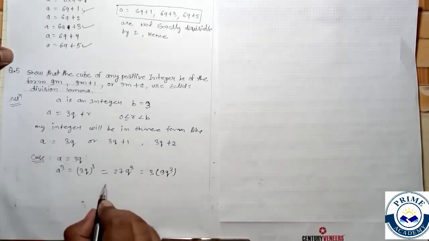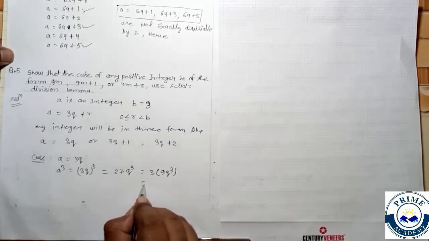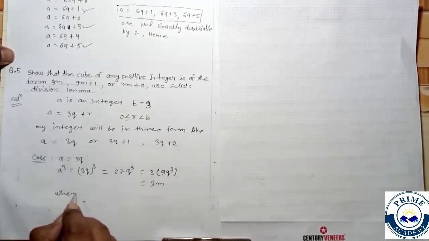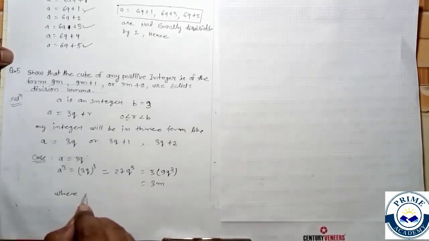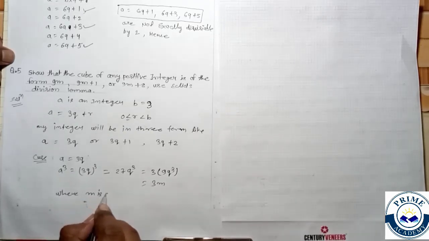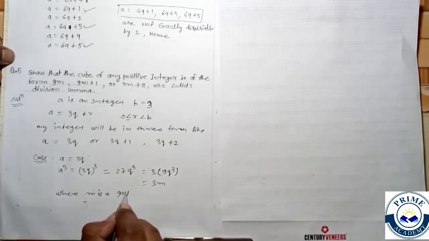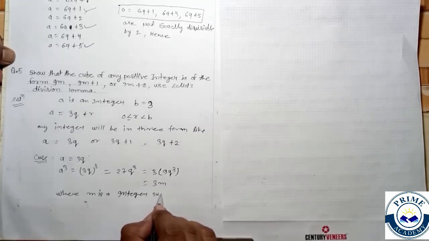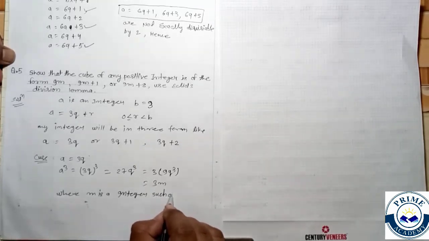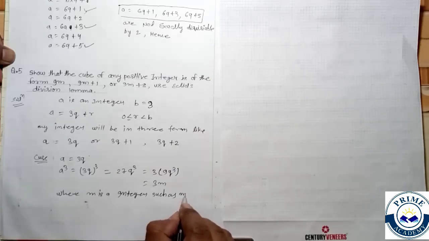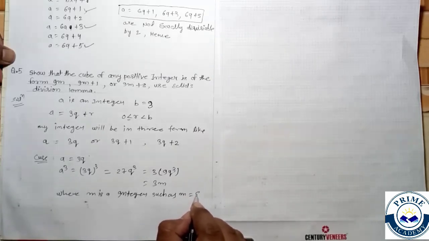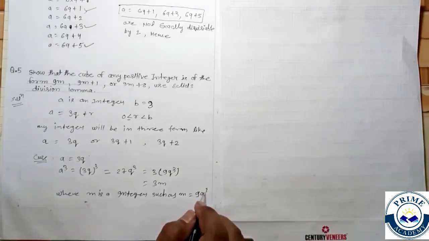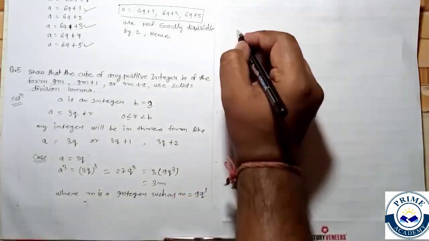So I suppose I can write this as 9m, where m is an integer, such as m equals 3q cube, right?